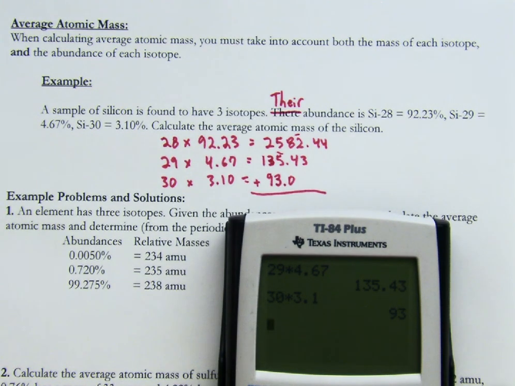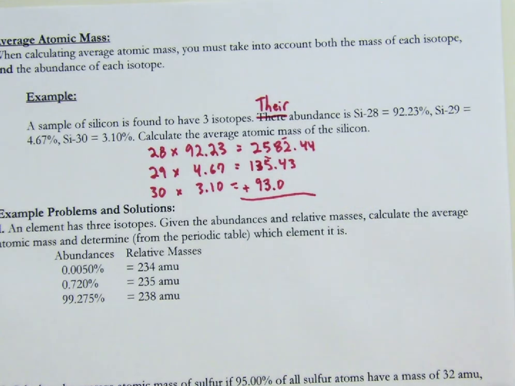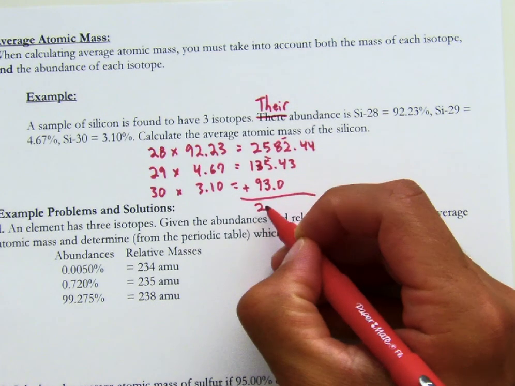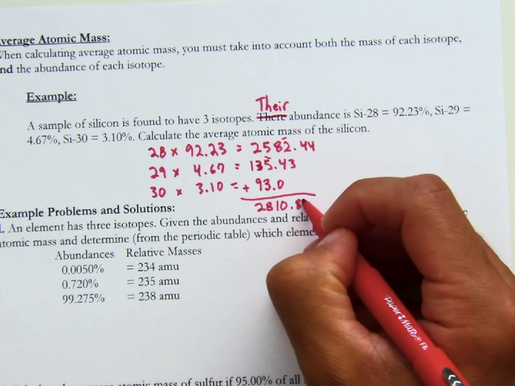So 93 plus 135.43 plus 2,582.44. So I add them all together, and what I get is 2810.87.